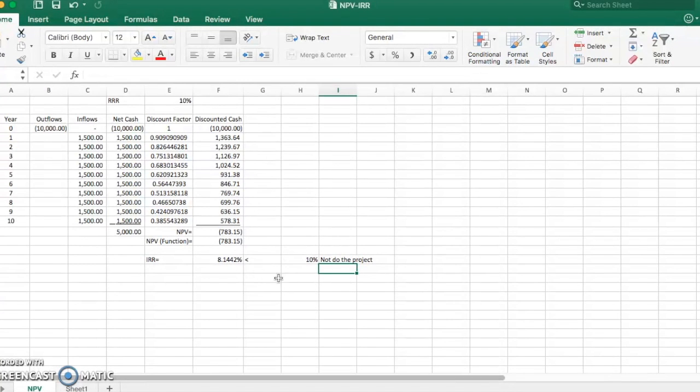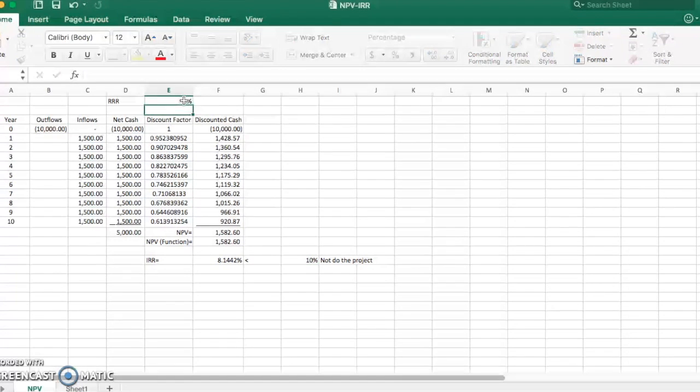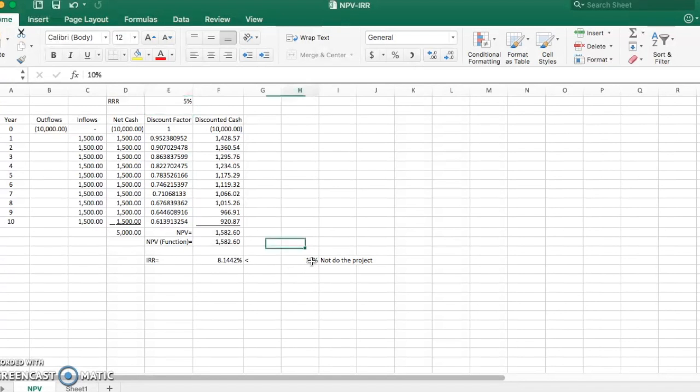Now, if your cost of capital was like we had originally pondered, 5%, your IRR is greater than 5%, you would do the project. So there's my real quick intro on the internal rate of return.